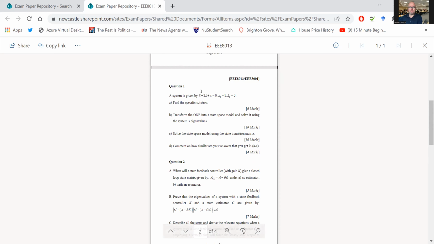I'm given the ODE and the initial conditions, and we must map this into a state space, solve this using the eigenvalues and the eigenvectors, solve this using the state transition matrix, and comment on the results. This is what I'm going to do now, step by step, so that you will be able to understand the type and the difficulty of the questions that you will be asked. So let's see now how to share my visualizer.